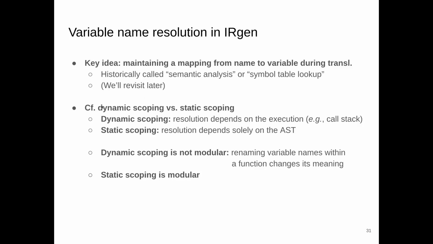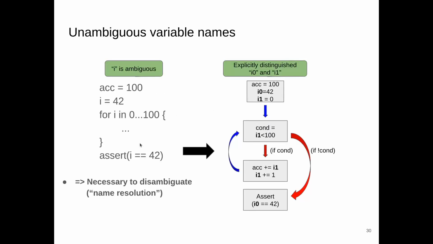And here is another topic that is worth noting, that is dynamic scoping versus static scoping. So in a C program, when you mention I, the meaning of this I, or the variable that this name actually points to, is defined solely depending on the structure of this program.